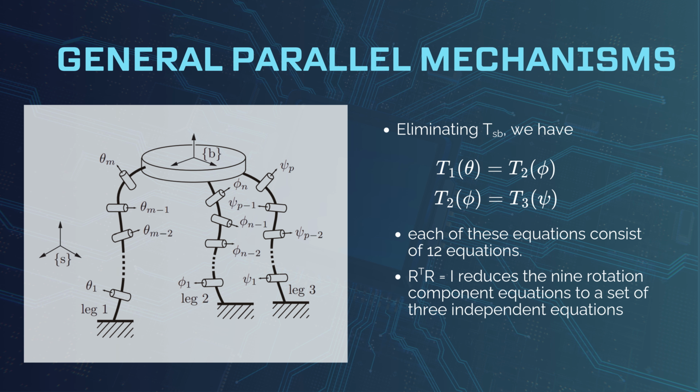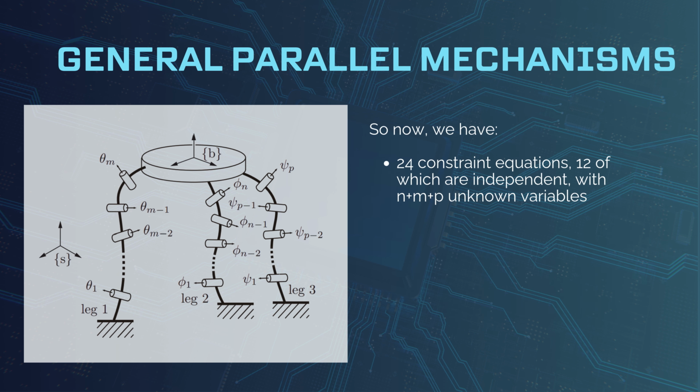R transpose R equals I reduces the 9 rotation component equations to a set of 3 independent equations. So, as of now, we have 24 constraint equations, 12 of which are independent, with n plus m plus p unknown variables, recalling that theta is of dimension m, phi is of dimension n, and psi is of dimension p, as shown in the diagram.